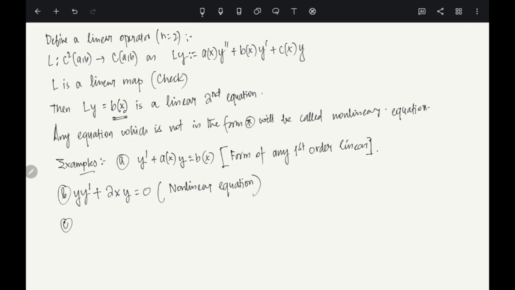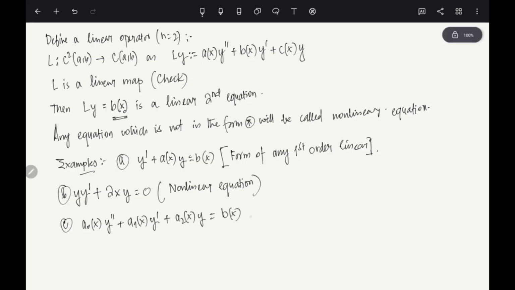Let's look at another example. Let's say a naught of x y double prime plus a1 of x y prime plus a2 of x y equals, first of all let me write it as, b of x.